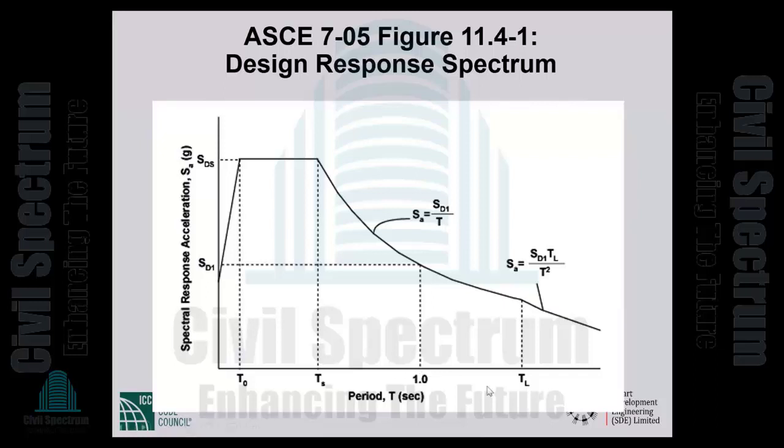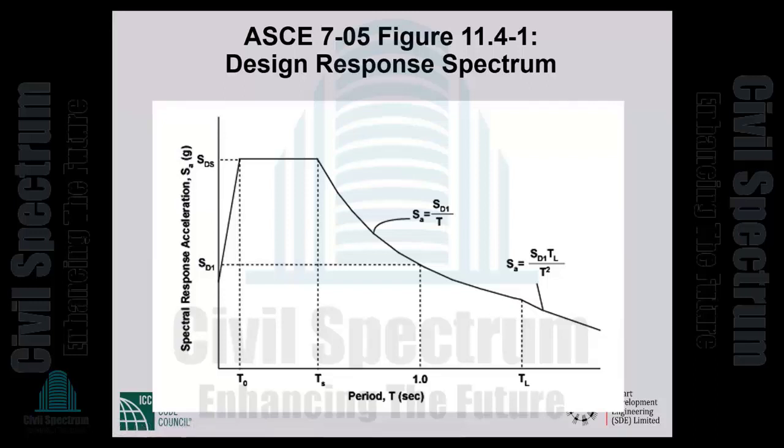The period T sub L, at which we transition from the second branch to the third branch, is given in a map in ASC 705. It is called the long period transition period, and the equation of the third branch is given. The two ordinates define the design spectrum.